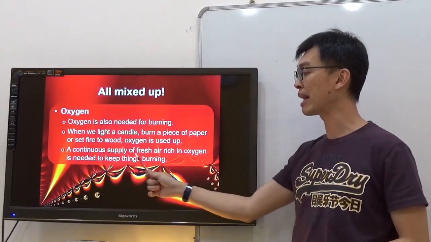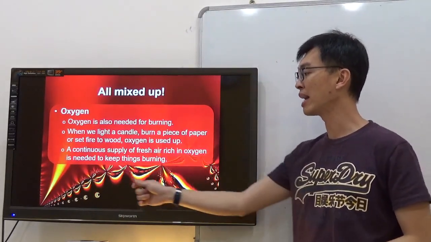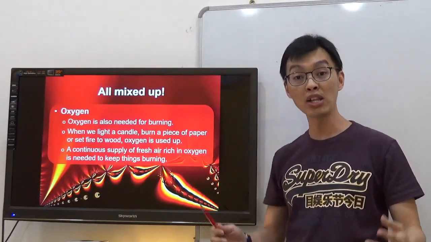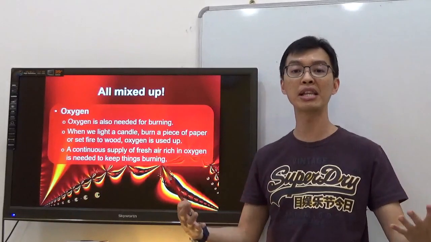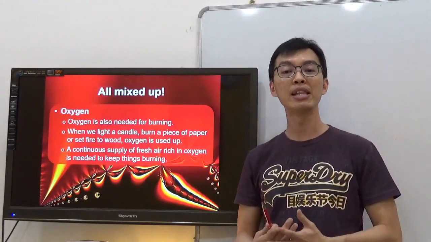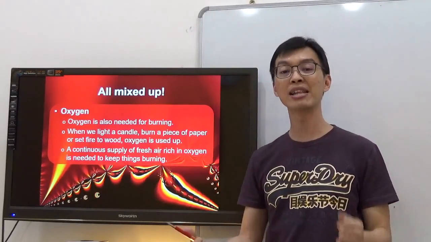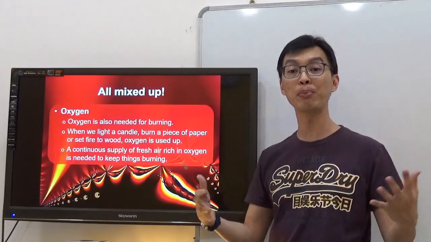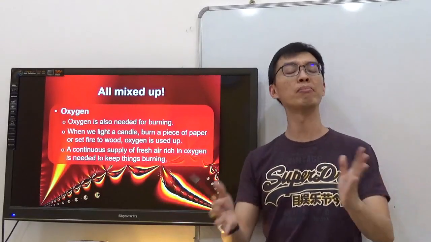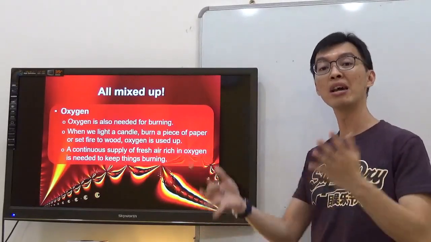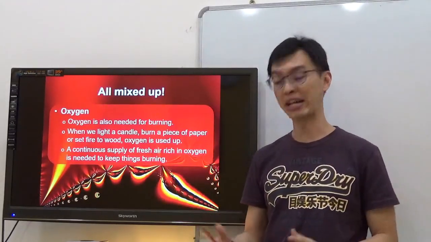A continuous supply of fresh air rich in oxygen is needed to keep things burning. Just remember, if you want to burn something, you need to continue to give it oxygen. The moment they do not receive enough oxygen, they stop burning. That was how the fireman puts out fire. They stop oxygen being supplied to the fire, then the fire will be put out. Okay?